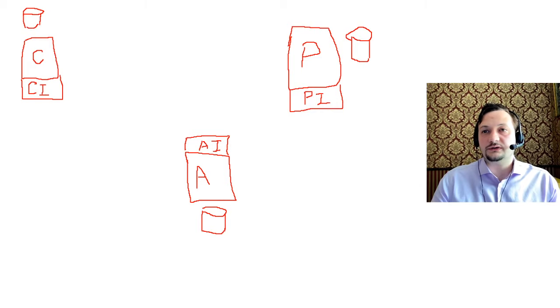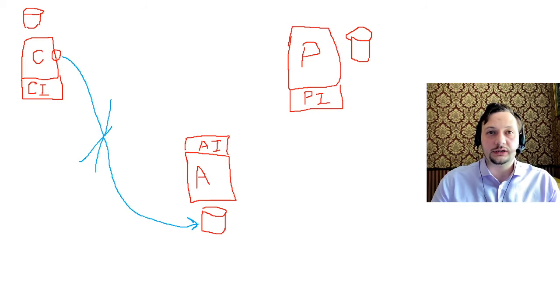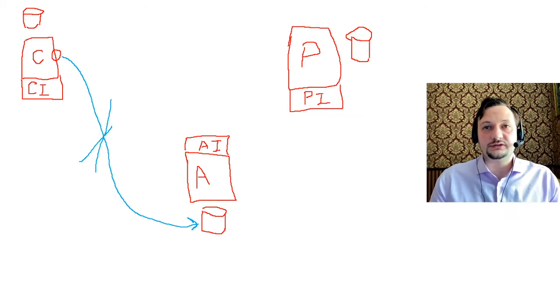So, for example, the consumer team says to the authentication team, okay, I would like to take the data from your data store about the logins and the passwords of the users. And the authentication team would say, no, never, you would not do this, because we are not allowed the direct read of the data between different teams.